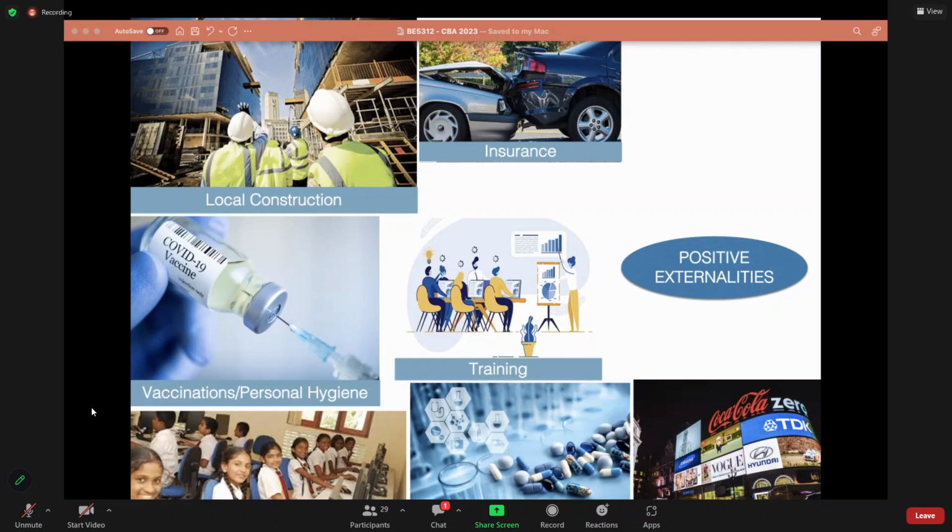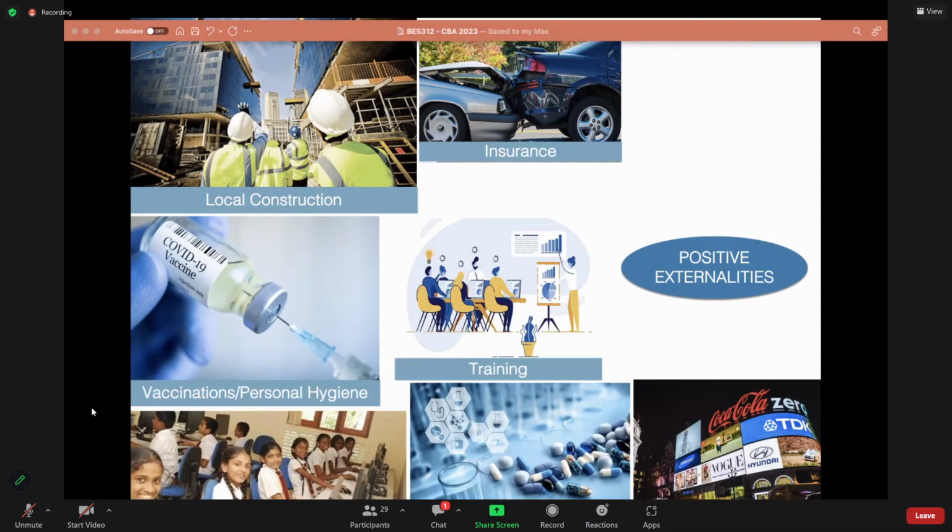If we limit the spread of diseases, by us being vaccinated, we might develop herd immunity or whatever it is, and the unrelated third parties can also benefit from that. So we are not spreading the disease.